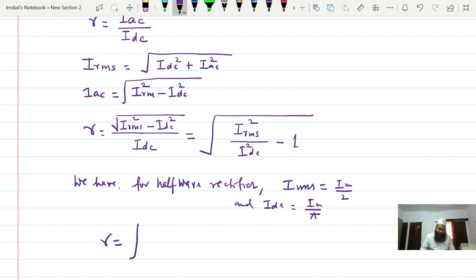It is under root Im by 2 upon Im by pi, whole square minus 1.